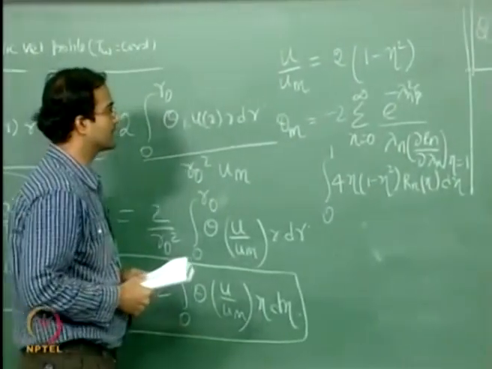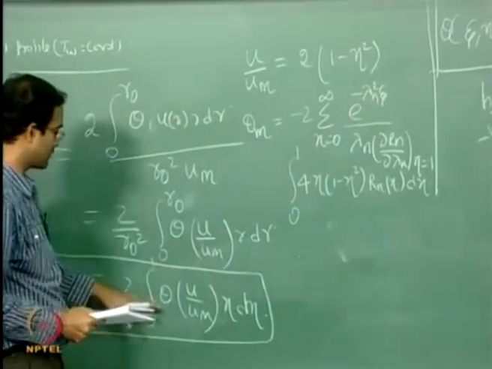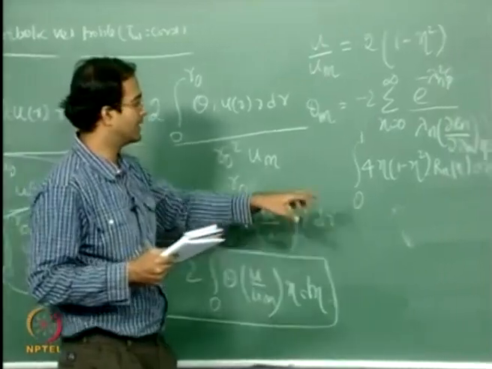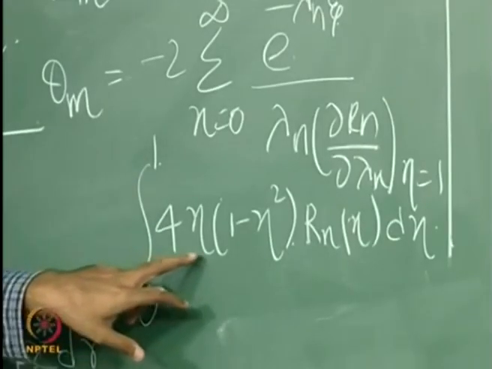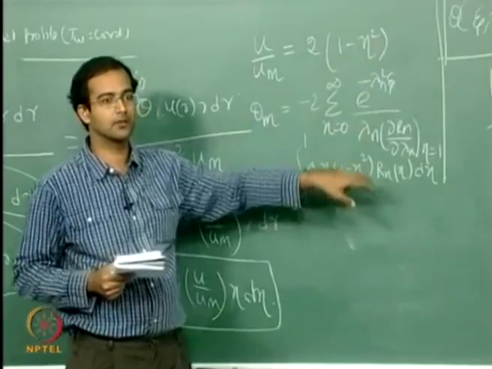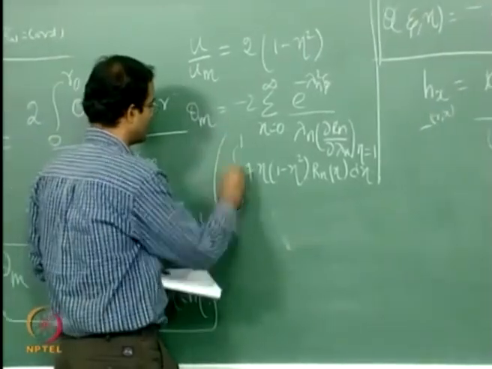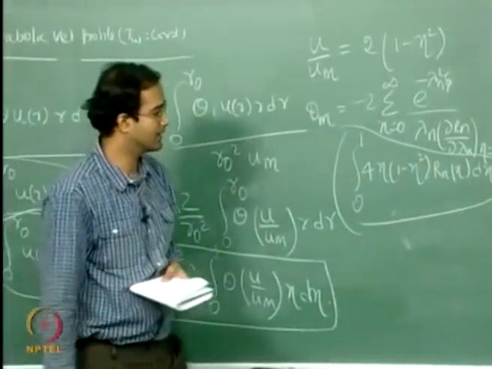I am just substituting for theta and u by into this, and I am grouping all the terms which are a function of eta, and that I am integrating from 0 to 1. So that is basically 4 times eta into 1 minus eta square into r into d eta, right. So this eta into 1 minus eta square Rn eta d eta.